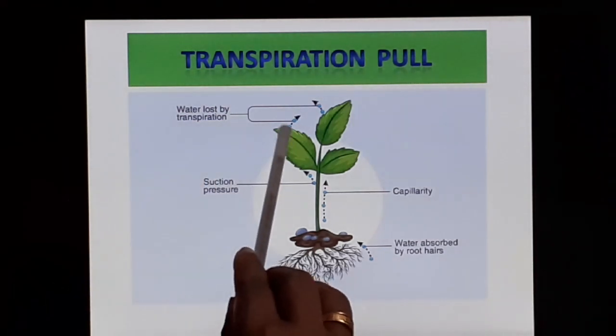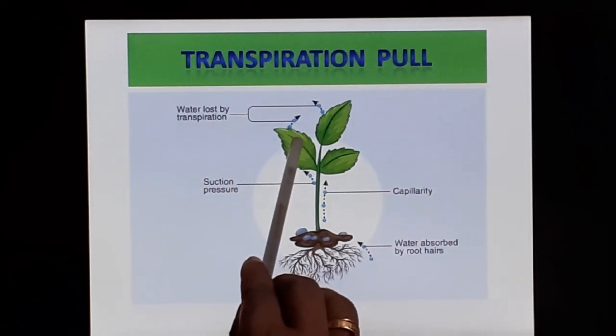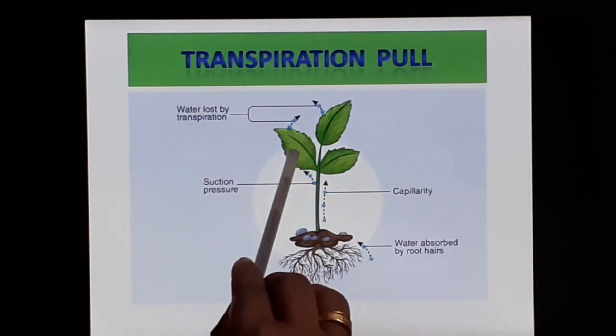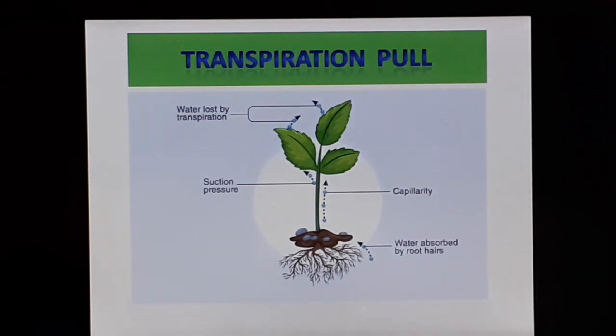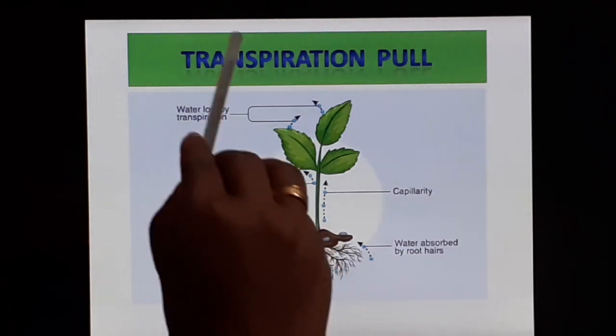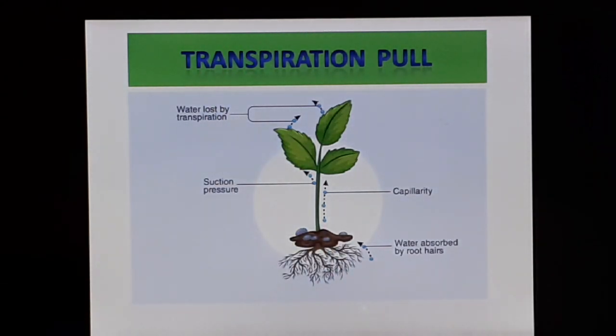This suction pressure created in the leaves pulls the water from the xylem cells of the roots, causing upward movement. Thus, transpiration helps in the absorption and upward movement of water and minerals dissolved in it from the roots to the leaves.